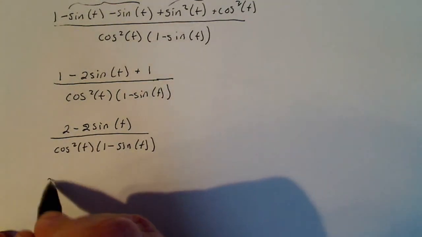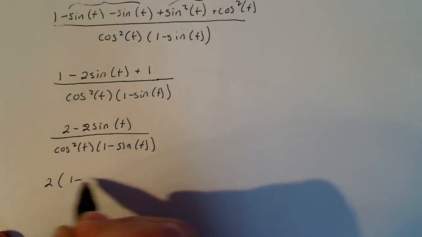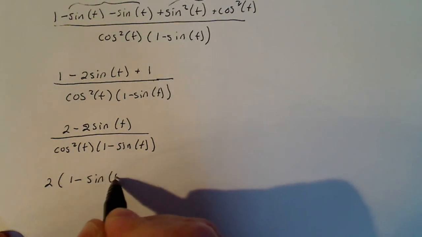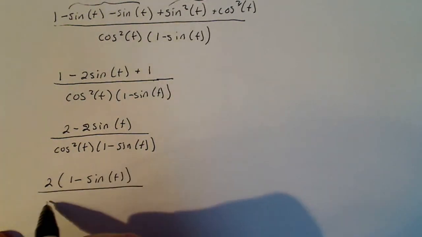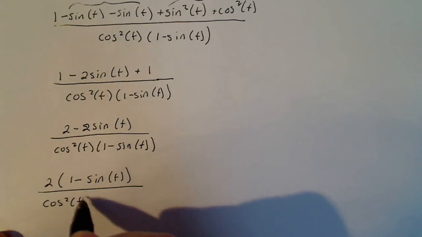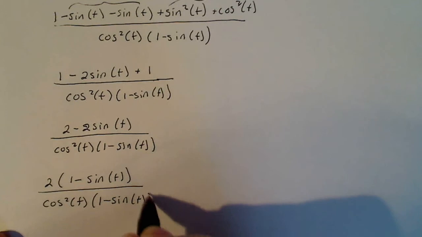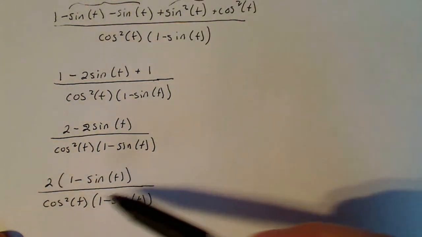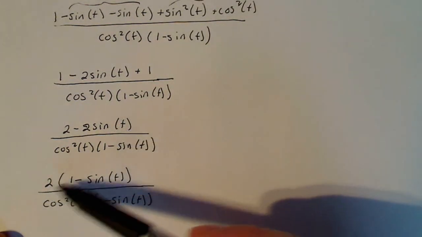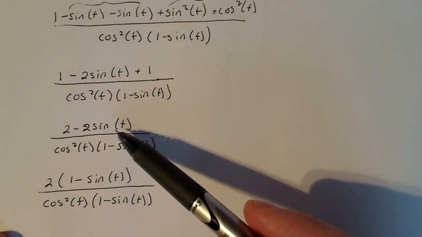So I'm going to write this as 2 times 1 minus sine t. Now, if you ever wonder about a step that I've done, you can go backwards. In other words, you can go back from here to here and say, well, if I distribute that 2, does it look like that?